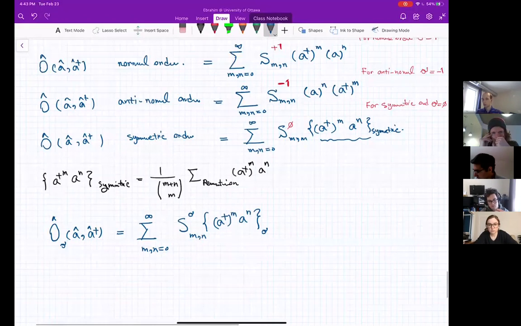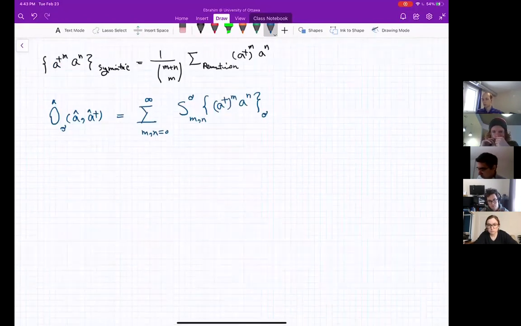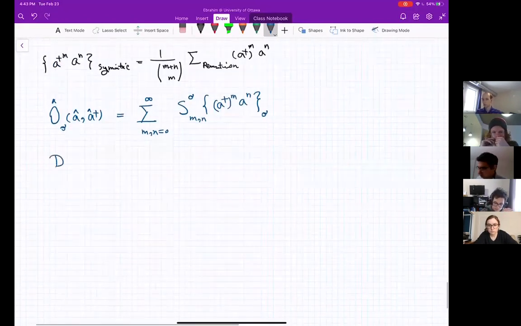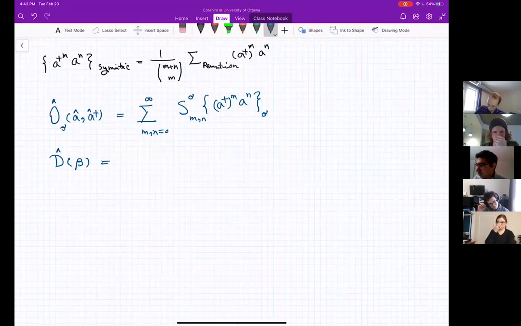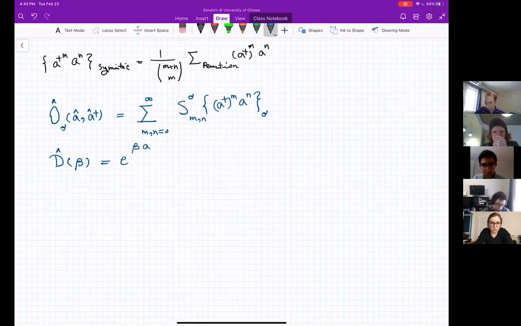As an example, this can be a displacement operator of alpha. Oh, let's call it beta. I don't want to deal with the alpha that we have previously written. What was the displacement operator of beta? E power of beta star A minus beta A dagger. Right?